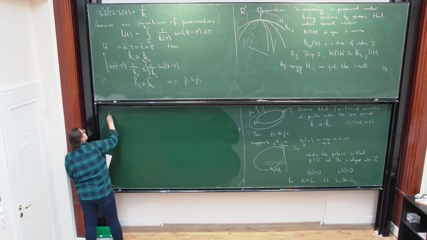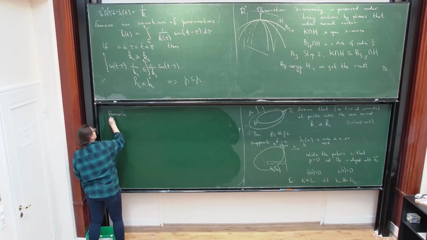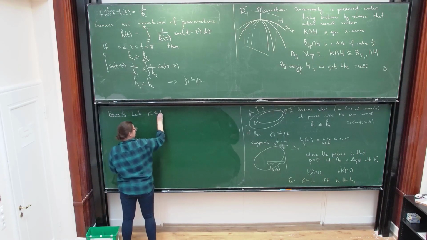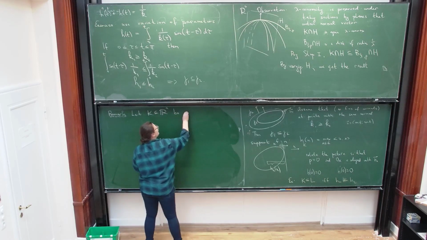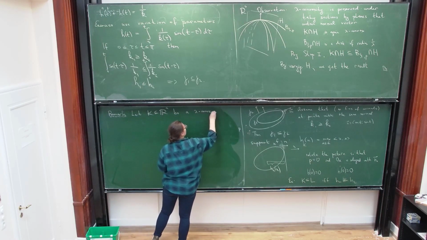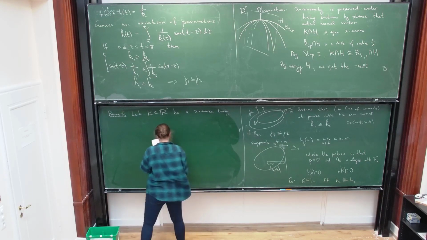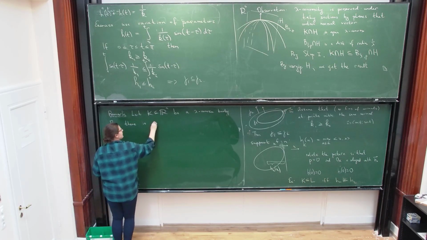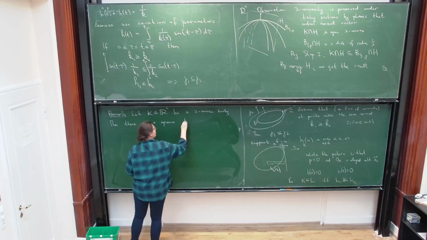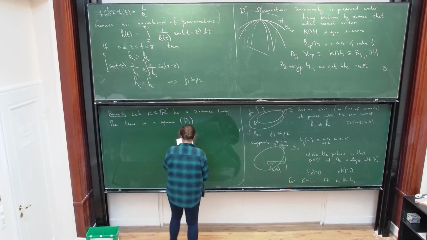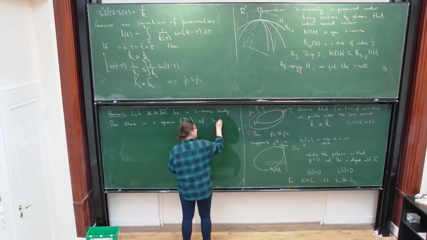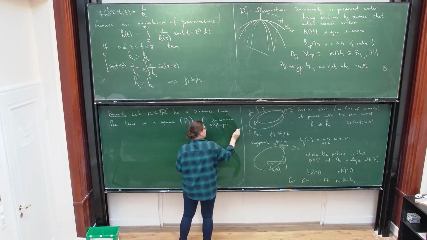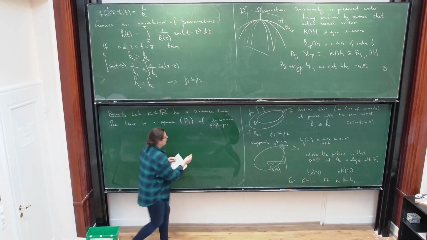The last remark for today: if I have a convex body K, then there exists a sequence of what I'm going to call lambda convex polytopes, by analogy with the general polytope.